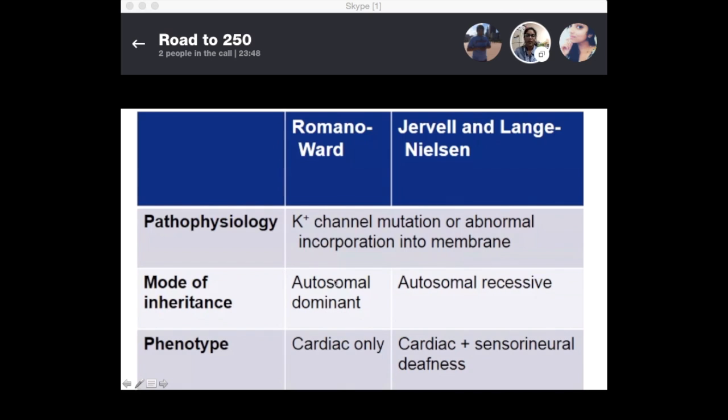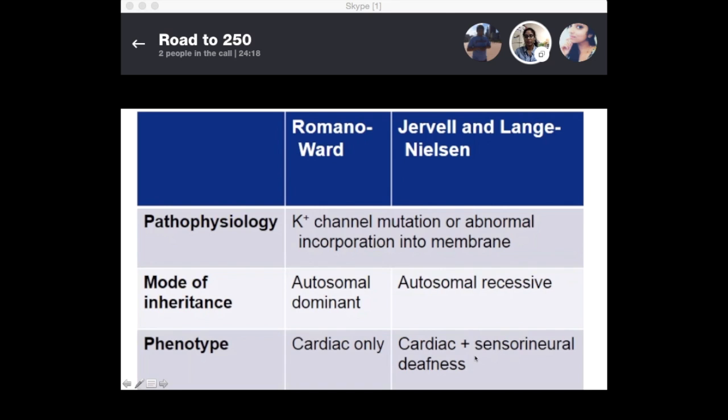The mode of inheritance for Romano-Ward is autosomal dominant, versus Jervell and Lange-Nielsen, which is autosomal recessive. The way we can differentiate these two syndromes is that Romano-Ward has the potassium channel mutation only in cardiac cells, versus Jervell and Lange-Nielsen, which has cardiac involvement and sensorineural deafness.